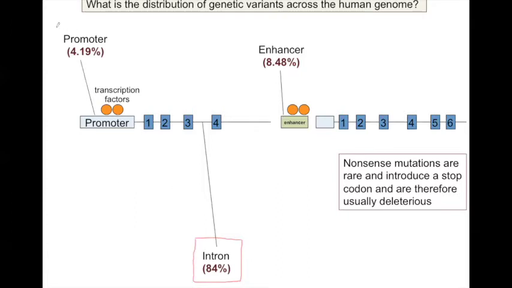We see a much lower number of polymorphisms in the promoter, about 4%, enhancers, about 8%. Now, these differences in numbers reflect the fact there's a lot more introns, so the likelihood you will see a polymorphism in an intron rather than an enhancer or a promoter is higher. But it also reflects the functional role of these different parts of our genome.